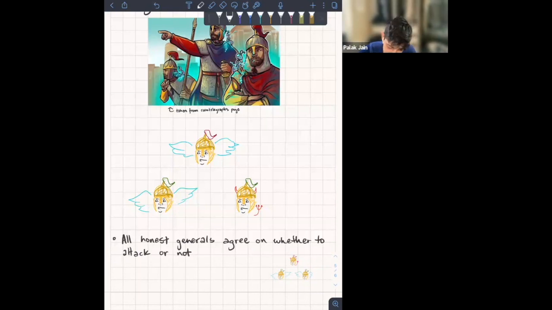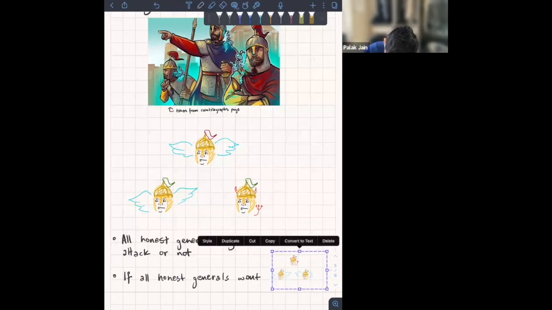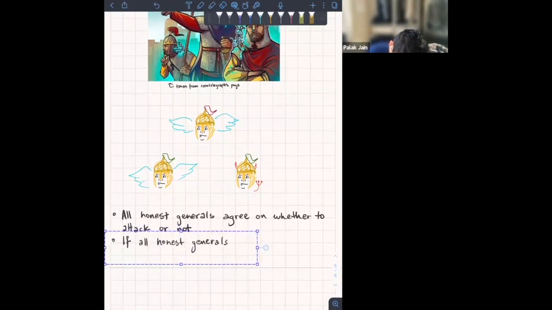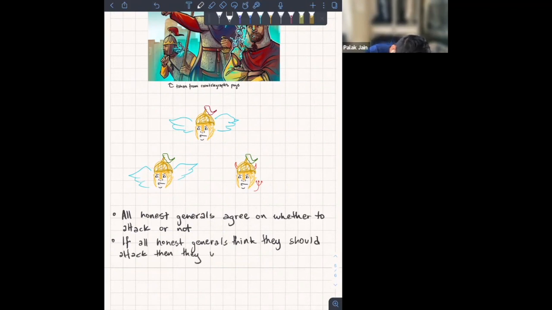And then the other thing that we want is that if all honest generals want to attack, if all honest generals think they should attack, then they will all agree to attack.